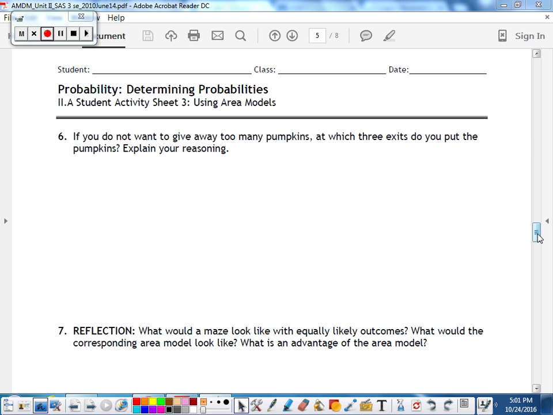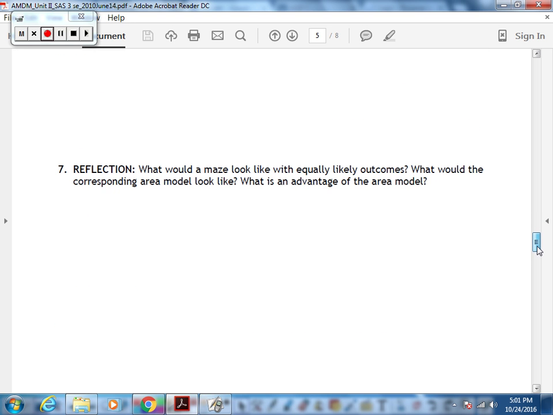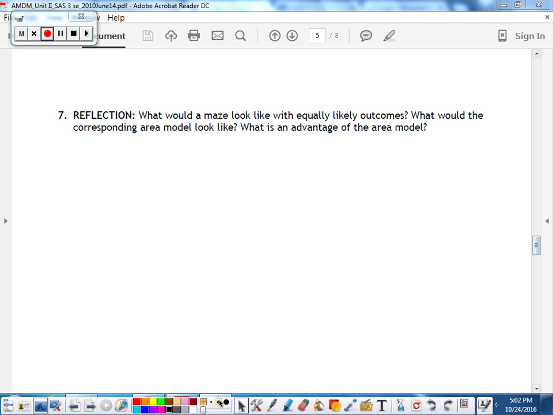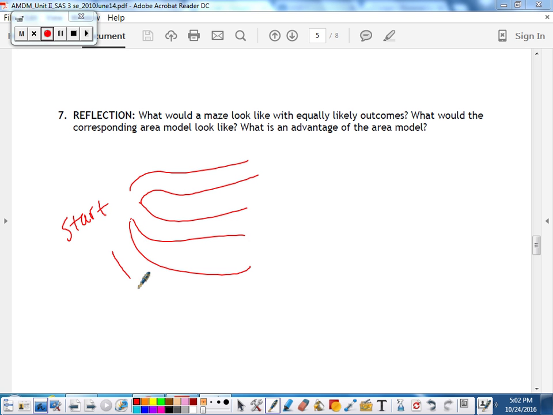Question 6, if you don't want to give the pumpkins, at which 3 x's should you put them? So the opposite of number 5. And then number 7, what would a maze look like with all equally likely outcomes? So think about that. I'm going to give you a quick example. If I start here and I have 3 paths, this is not a maze because it's a boring one, and we want equally likely outcomes.